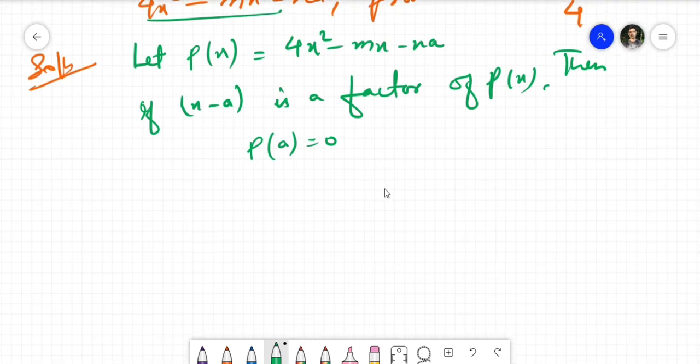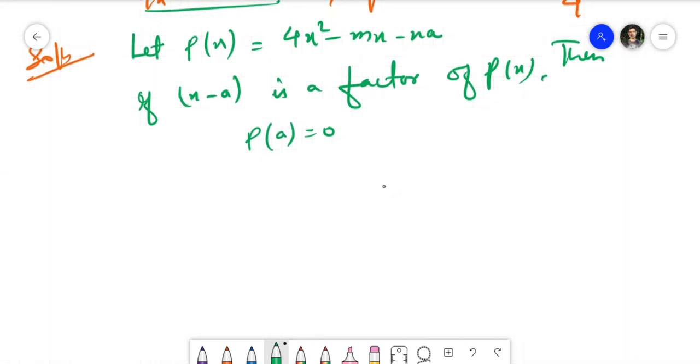So we can do one thing. As this is equal to 0, so we can just write 4x squared minus mx minus na is equal to 0. Okay. So now what we can do? You can see, instead of this x, we're going to put a.